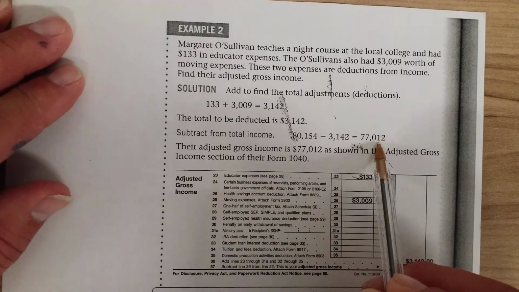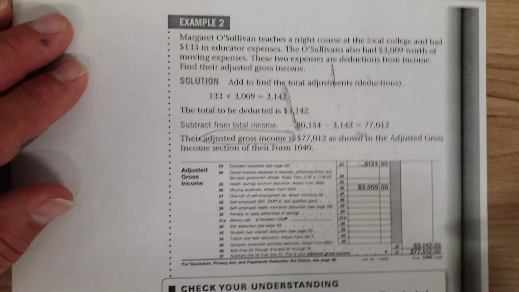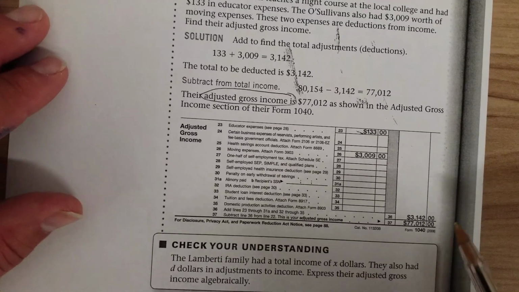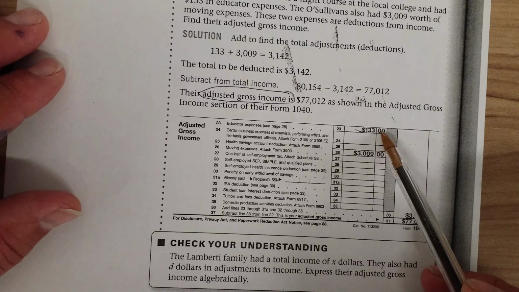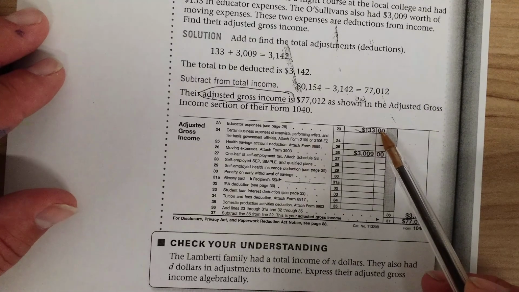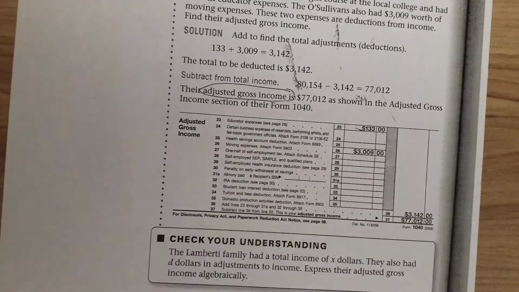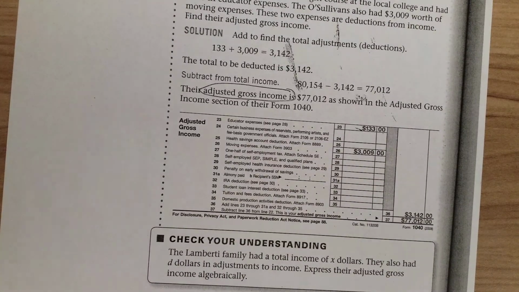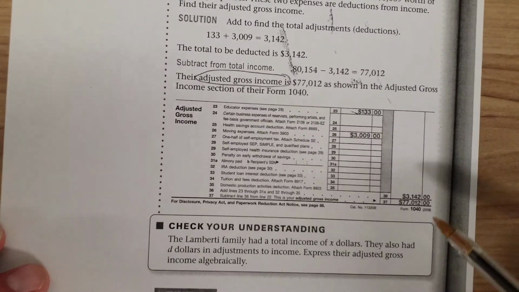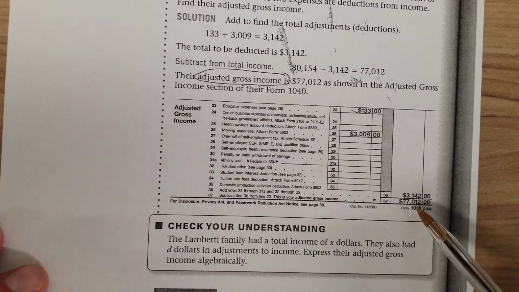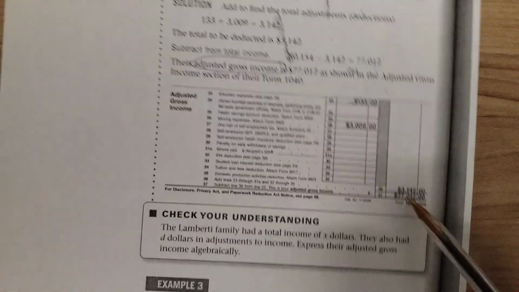So this would be what's called their adjusted gross income. So after deductions, adjusted gross income is after deductions. So here's educator expenses, and there's the moving expenses. So these types of expenses are deductible, and they're just listed right there on the 1040. So it takes it off of your total income, and now you have your adjusted gross income.